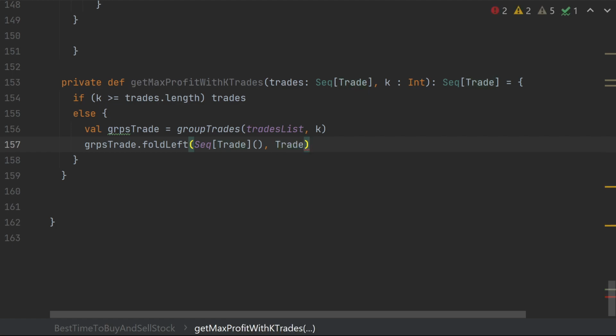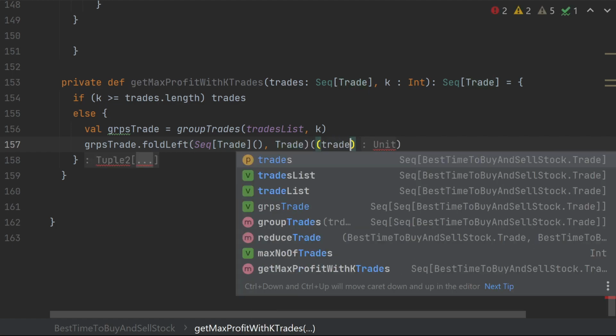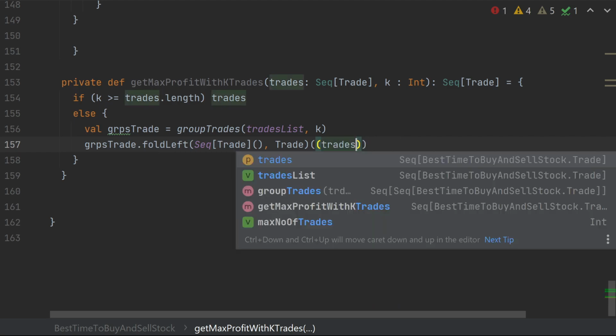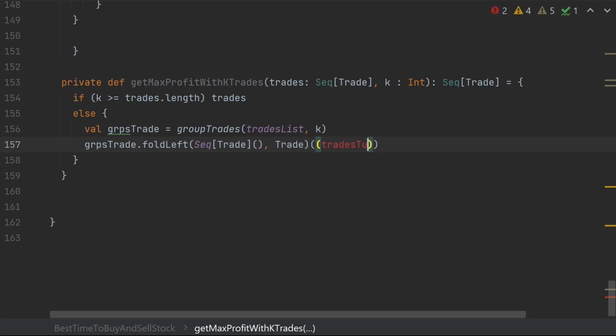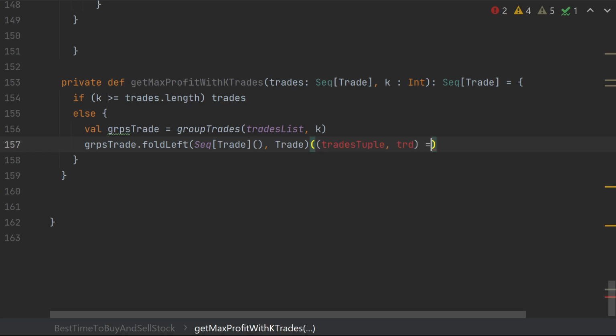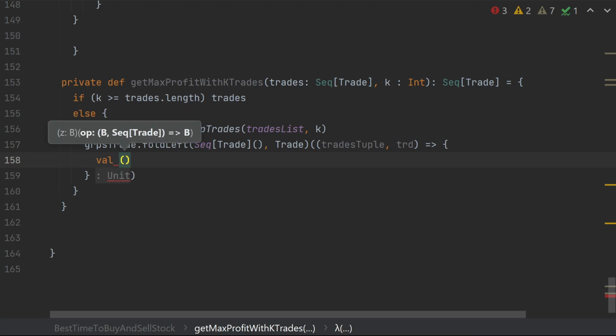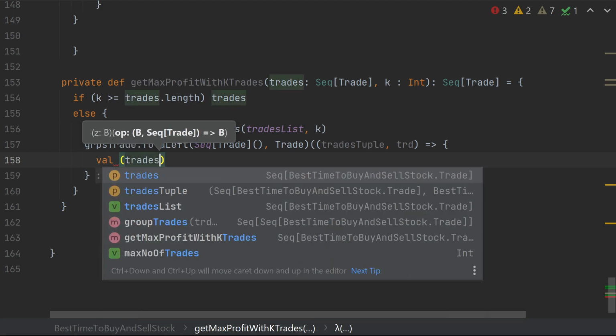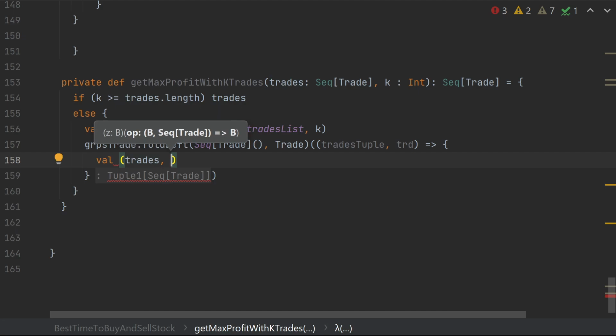All right, and let's implement the method. It's going to be trades tuple would be, yeah, nice, comma trd, that is the trade. All right, let's implement this method now. Well, this is trades comma temp trade.